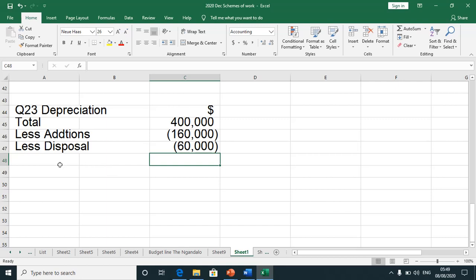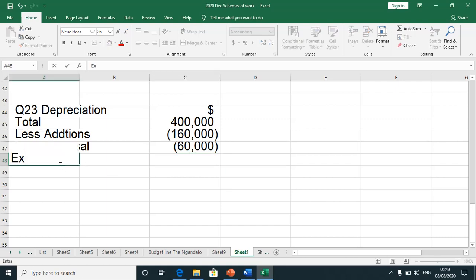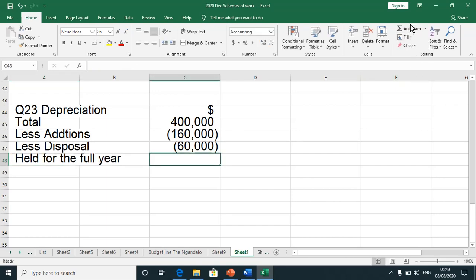So now you say existing remaining assets, or assets held for the full year. So assets held for the full year will be the difference between the 400 and the two figures that you have.